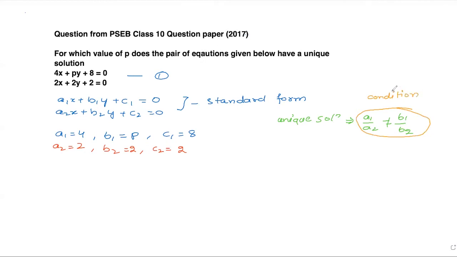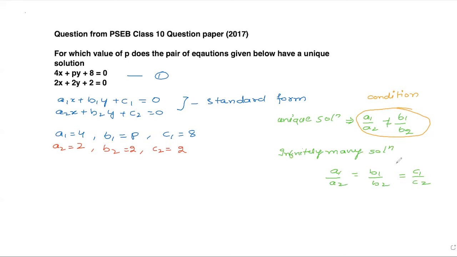Similarly, there are two other forms of solution. Infinitely many solutions: the condition is a1 by a2 equals b1 upon b2 equals c1 by c2.